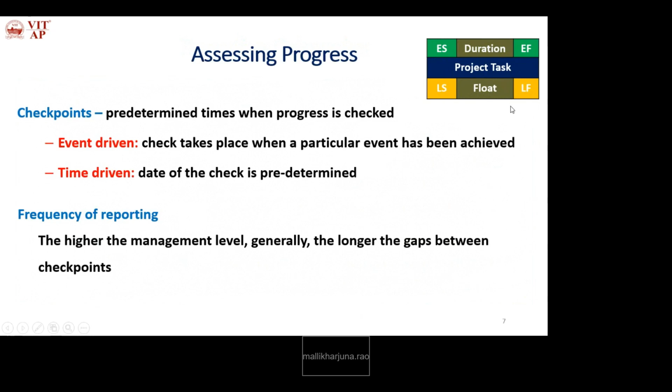So here we are assessing the progress of each project task at various levels: top level, intermediate level, and lower levels. How to assess the progress? By defining the checkpoints. These checkpoints are discussed in life cycle phases. We have discussed the various life cycle phases: inception, elaboration, construction, and transition.